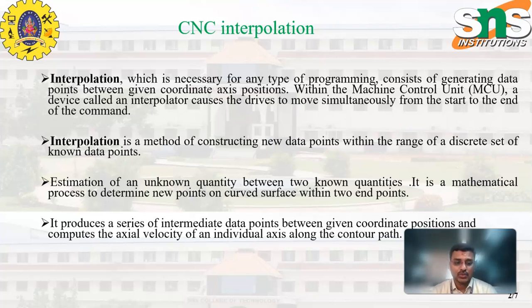It produces a series of intermediate data points between given coordinate positions and computes the axial velocity of an individual axis along the contour path. This is CNC interpolation, where programming generates new data points, giving coordinate axis positions and finding the unknown quantities between the coordinate positions.